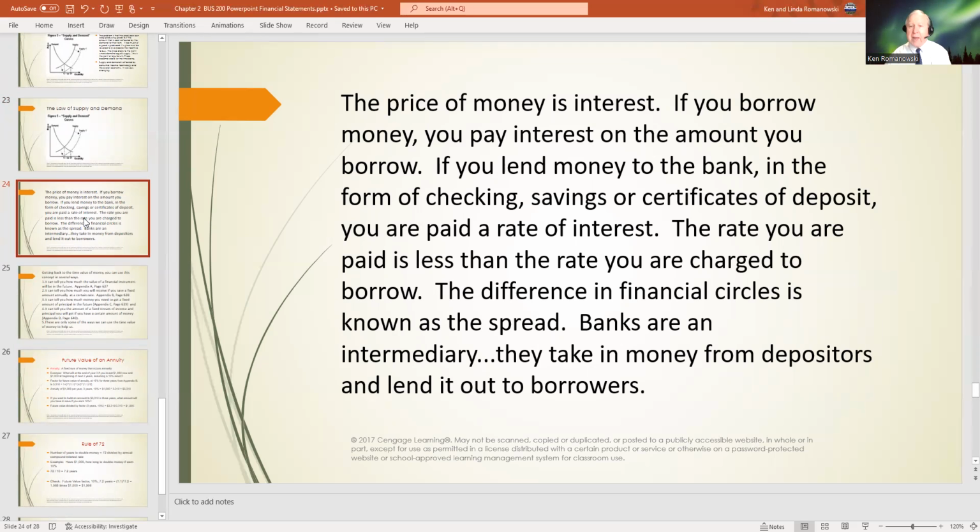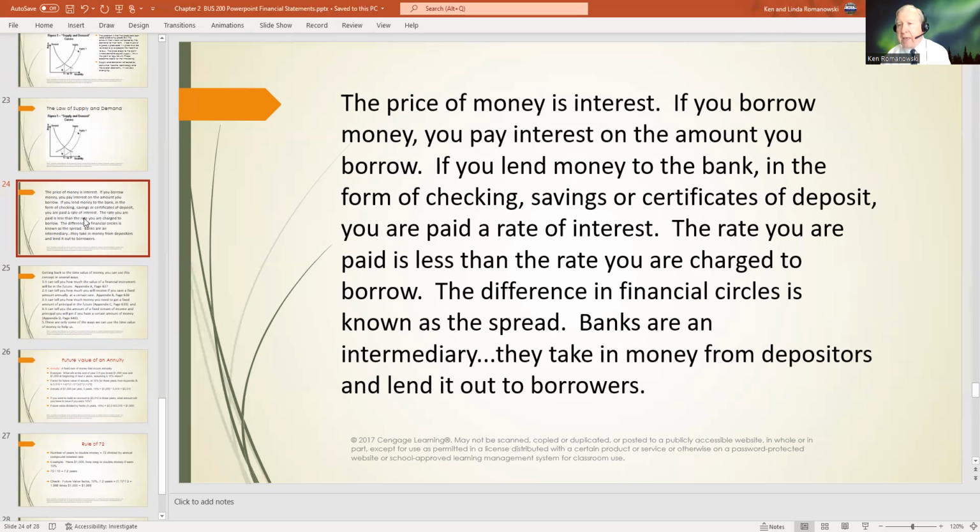When you are a lender, which is really what you are when you're putting money into a bank, such as a checking account, savings, certificate of deposit, or maybe a bank money market account, you are then paid a rate of interest. The rate that you're going to be paid is less than the rate that you're charged to borrow. The difference in financial circles is known as the spread.